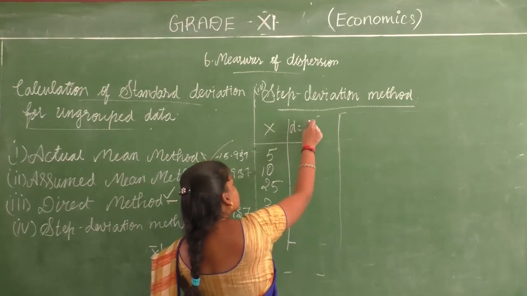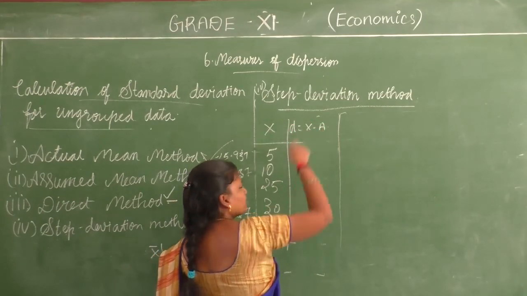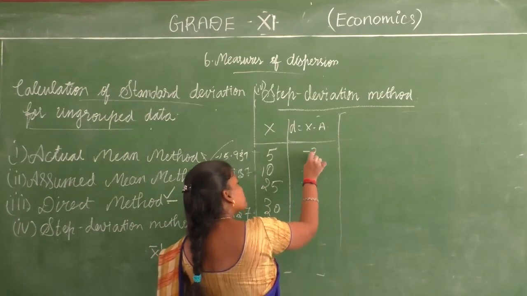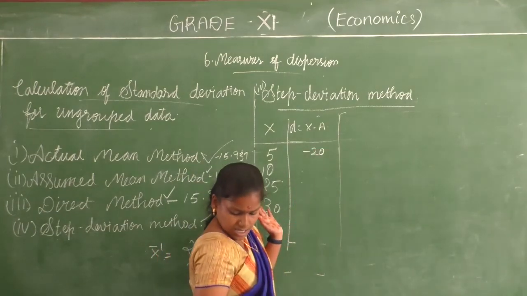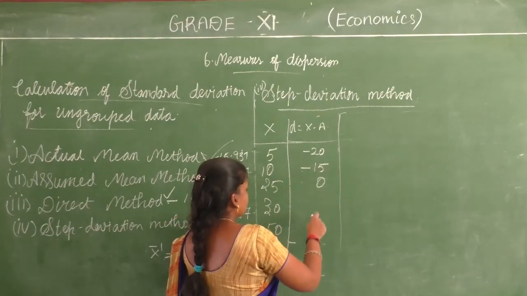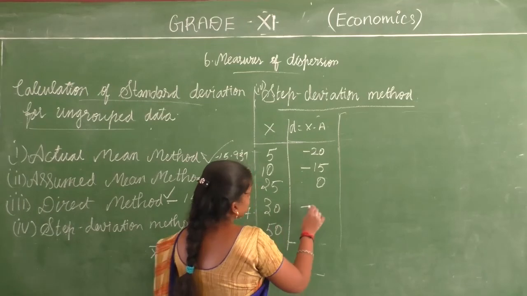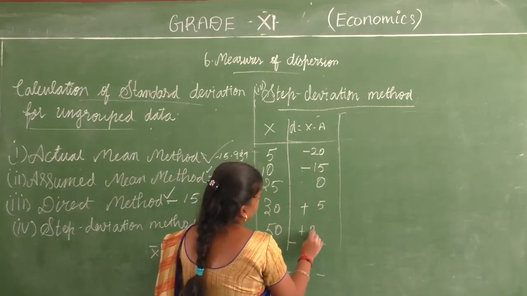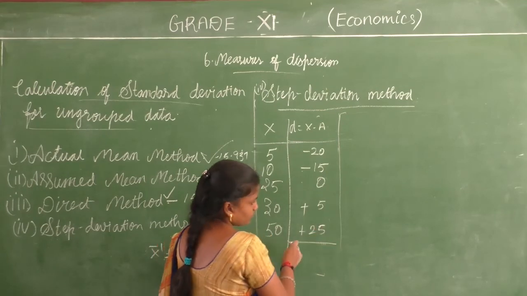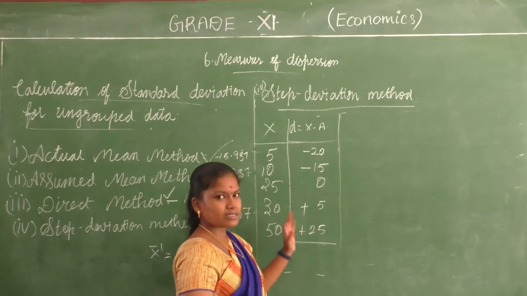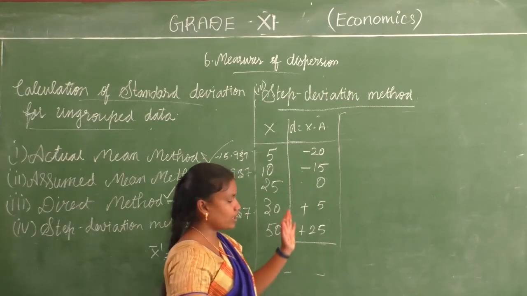So d is equal to x minus a. We have the values minus 20, minus 15, 0, plus 5, 25. We have already done this calculation, right children? In the summation of d, we don't need it.